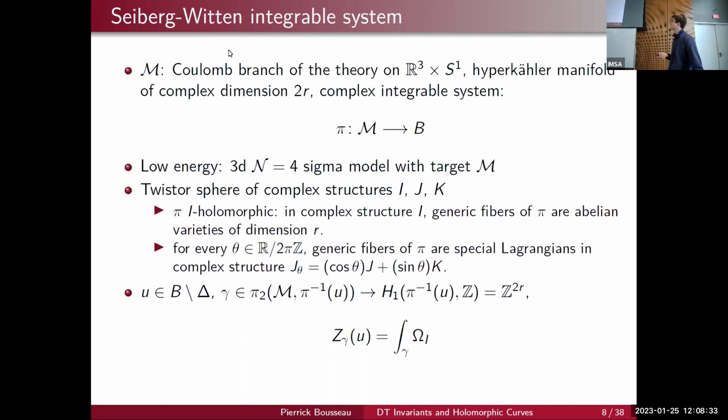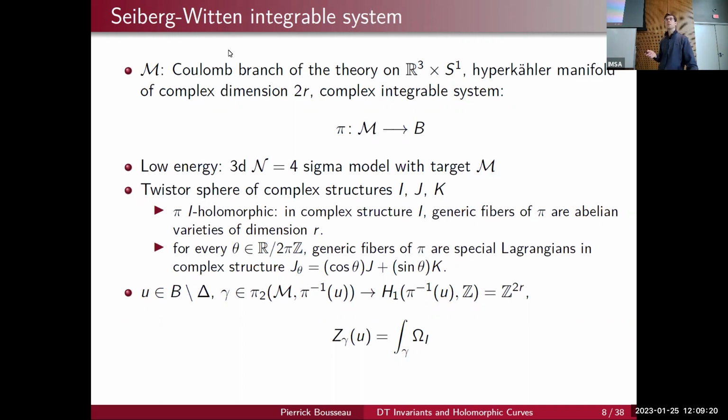Okay, so it is hyperkähler, so it has a twistor sphere of complex structures, by I, J, K, some quaternionic triple of compatible complex structures. And pi from M to B is a complex integrable system. So it's holomorphic in a particular complex structure that I denote by I. And the generic fibers of this map are abelian varieties of complex dimension R. And for every theta, generic fibers of pi are special Lagrangians with respect to the Kähler form in the complex structure J theta, where J theta is a linear combination of J and K with coefficients cosine of theta and sine of theta.